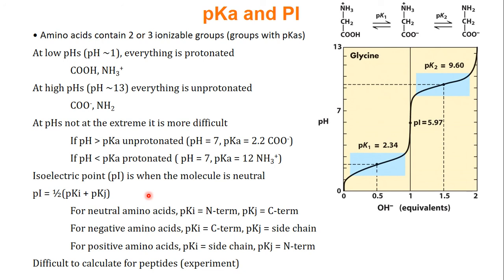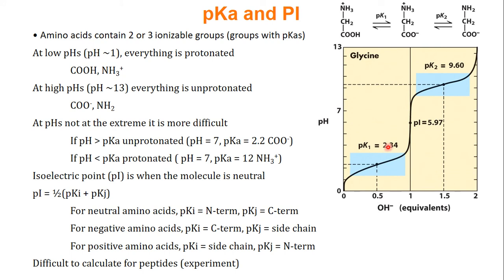Now, let's talk about the idea of isoelectric point. Isoelectric point, or PI, is when a molecule is electrically neutral. And we have a simple way to determine this for amino acids. The value of your PI equals 1/2 of pKi plus pKj. So what's pKi and pKj? For neutral amino acids like glycine here, pKi is simply the pKa of your N term. pKj is the pKa of your C term.